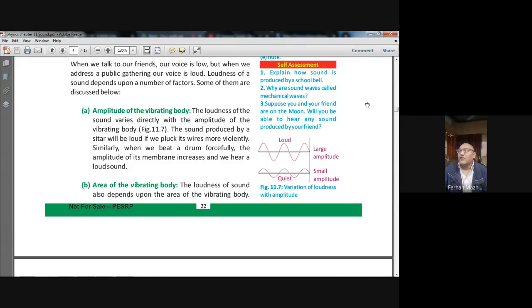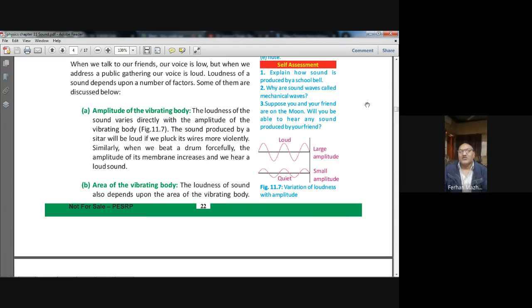For example, you might have observed that smaller speakers whose diaphragm is very small do not produce that loud a sound. But if you bring speakers which have a larger diaphragm, for example this size speaker or this size speaker, their sound will be very, very loud.